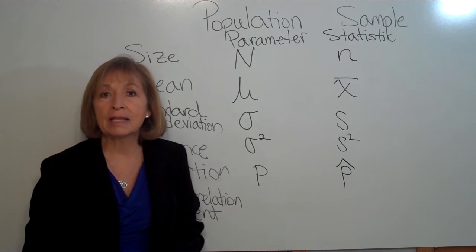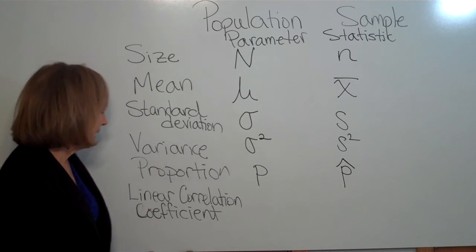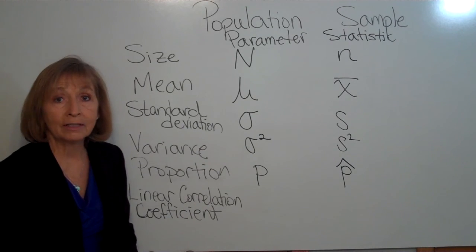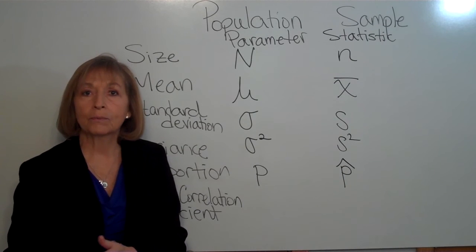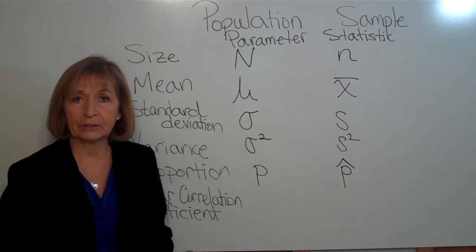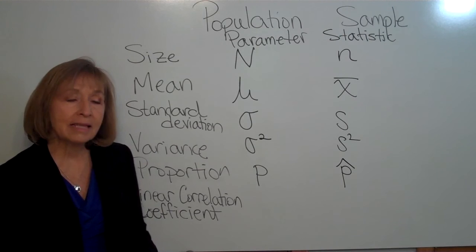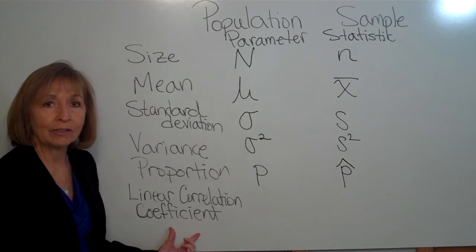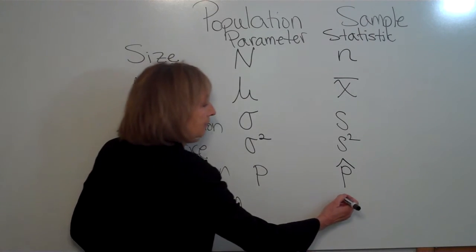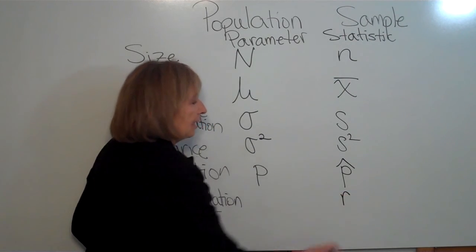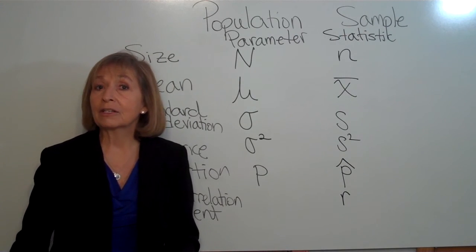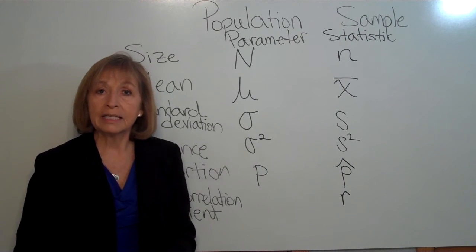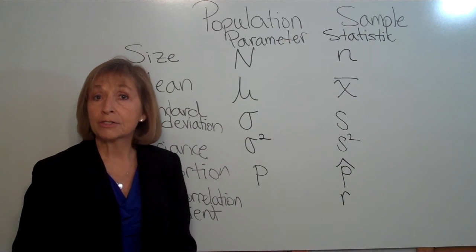And then the last one that I'll discuss in this video is the linear correlation coefficient. Now, the linear correlation coefficient you get when you're doing the work with linear regression. And with that, our sample statistic for the linear correlation coefficient is R. When you think about the Greek alphabet, or if you go reference the Greek alphabet, the Greek letter that goes along with R is rho.